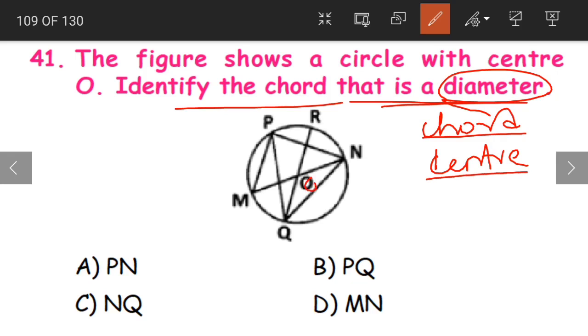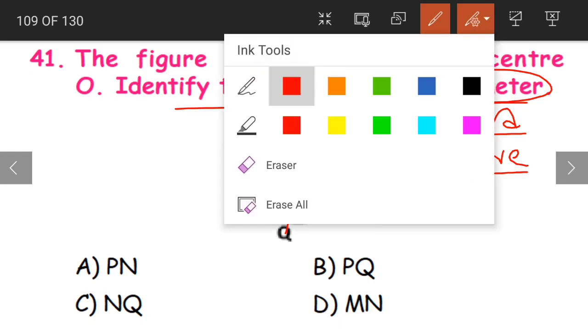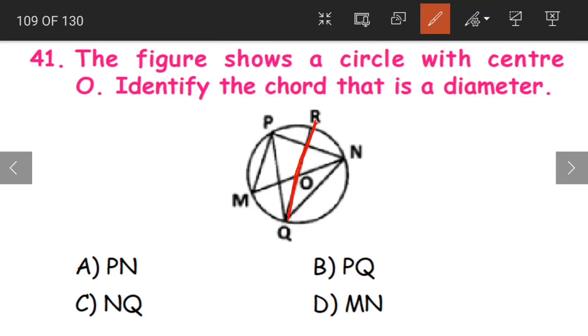Now the center here is O. Look at the chords that are passing through the center of the circle, children. We have QR and MN. These two are the chords that are passing through the center of the circle.